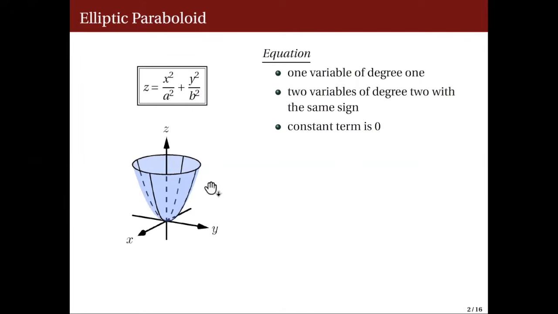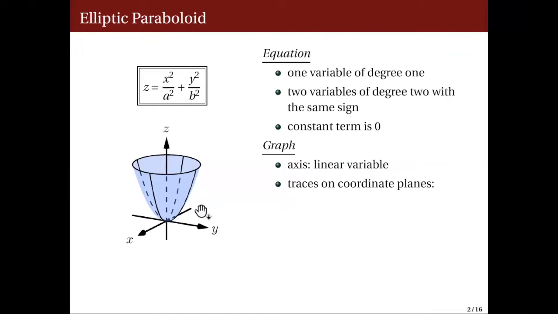Inspecting the graph of the elliptic paraboloid, we can see that it is also an axial quadric surface. In this case, the axis is the z-axis, which is the variable of degree 1. If we look at the traces on the three coordinate planes, on the xy plane, the intersection of the paraboloid would be the origin.